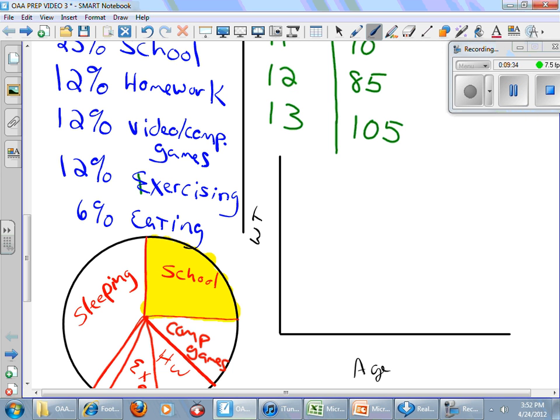Now this is at 0, 0, but I'm going to start at 10. And then we have here 11, 12, and 13 years old, age in years, I should say. And this is the weight, and that's in pounds. LBS is a symbol for pounds.